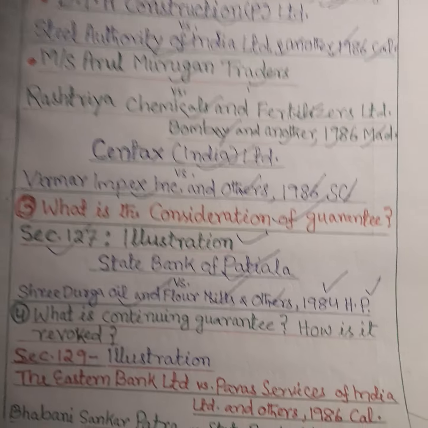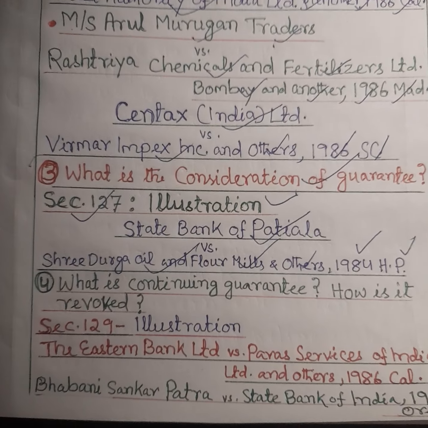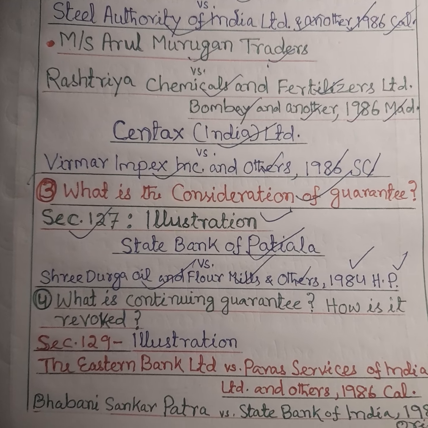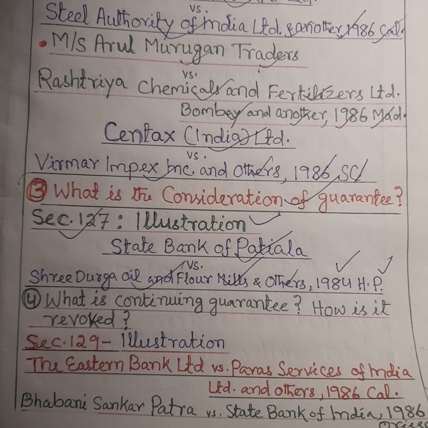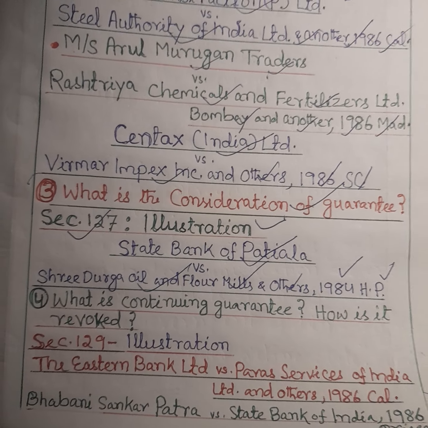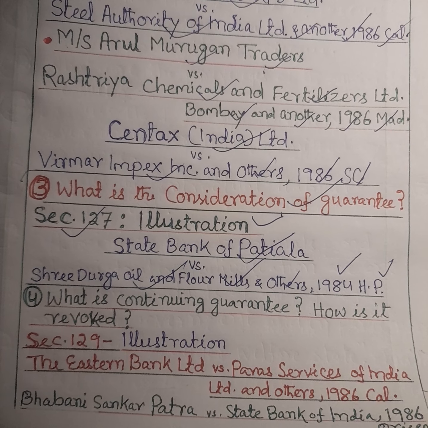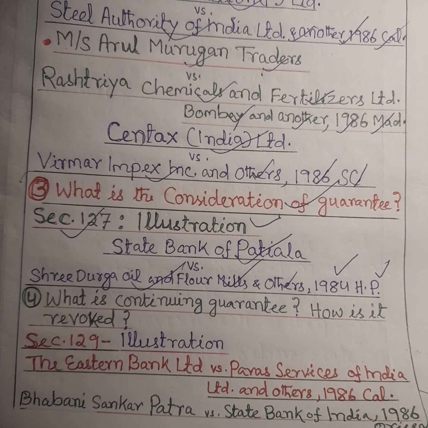So also, in another important question, and that is question number 4: what is continuing guarantee? How is it revoked?